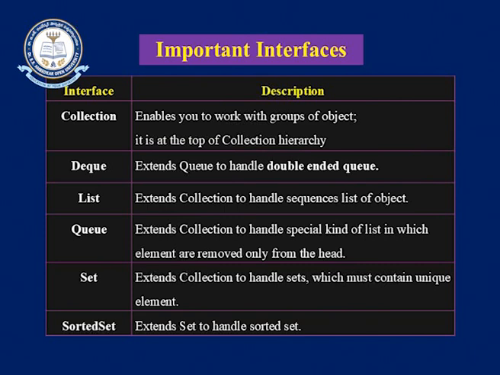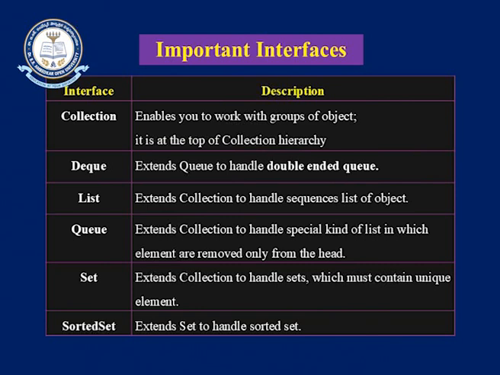Then list is also one of the important interfaces. It extends collection to handle sequences, lists of objects. If you want to store any list of items, you can go for list. Like a queue, which is first in first out in nature, you can store multiple elements in the queue by following the rule first in first out.